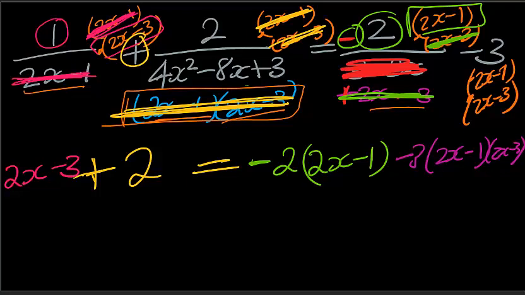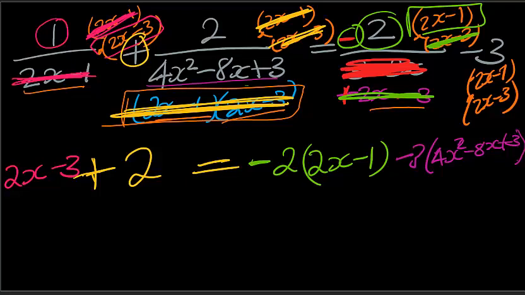Okay, so this 2x minus 1, 2x minus 3 is actually going to be this gray part, which is going to be 4x squared minus 8x plus 3. Okay, now let's see.